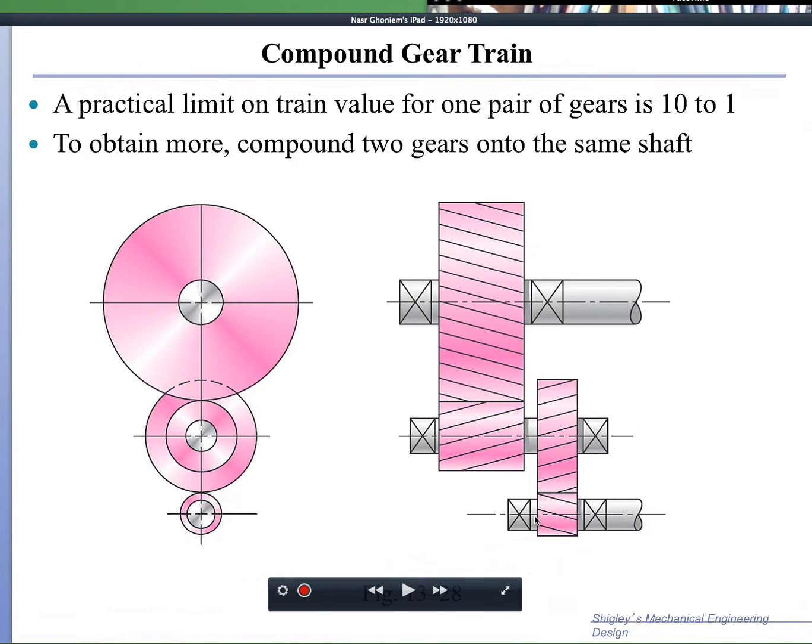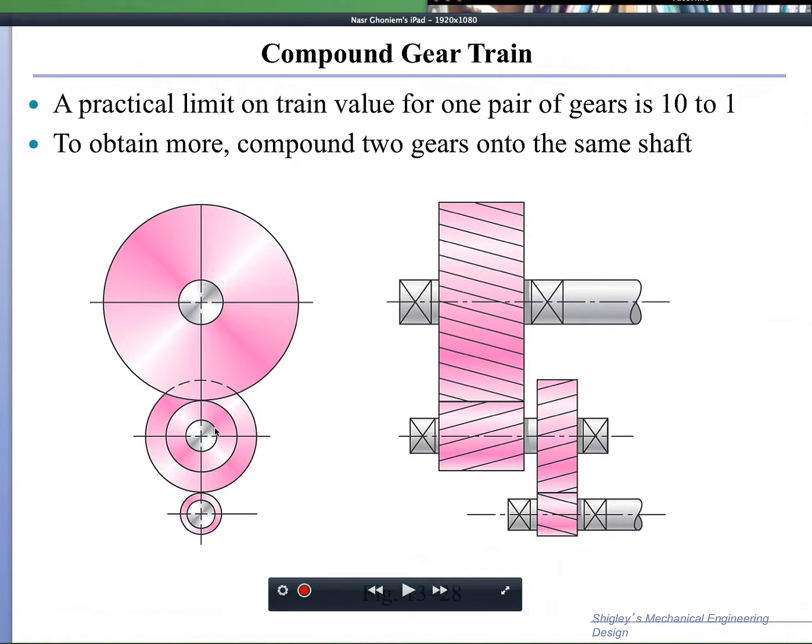The pinion is very small and has a small number of teeth. The intermediate shaft has a driven gear and then a driver gear. The two of them are on the same shaft and rotate with the same speed. Of course, this one is idle, but this one is driving.